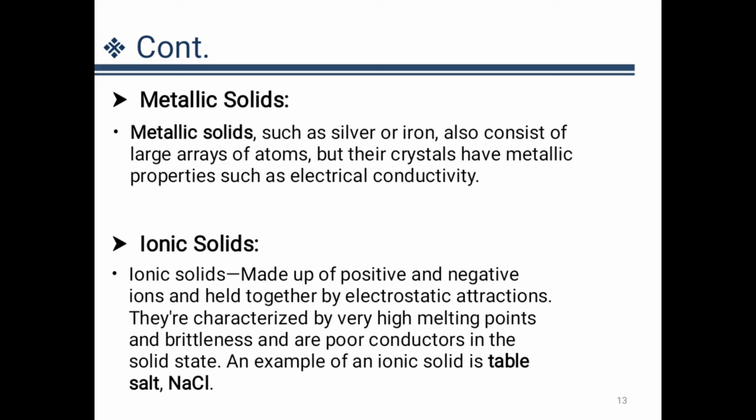They are characterized by high melting point and brittleness and are poor conductors in the solid state. An example of an ionic solid is table salt, ionic sodium chloride. It explains that electricity does not easily pass through sodium chloride, table salt.